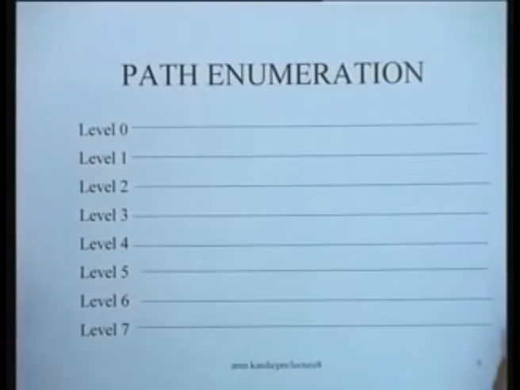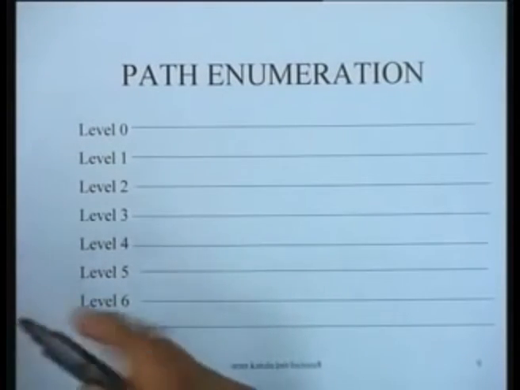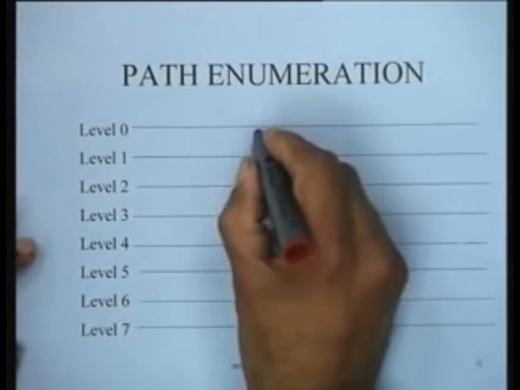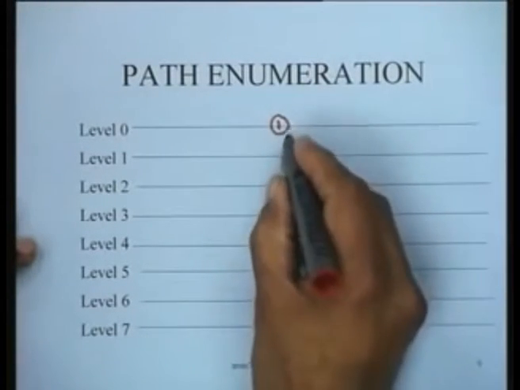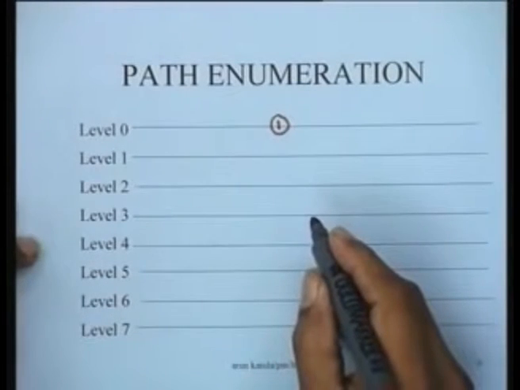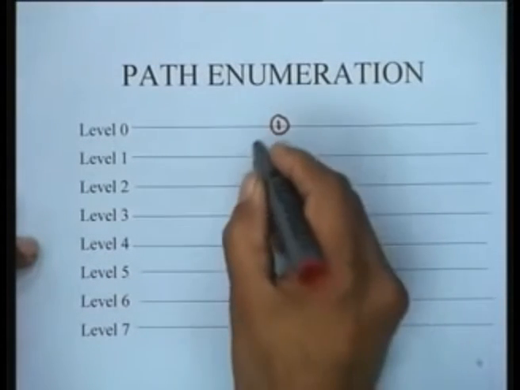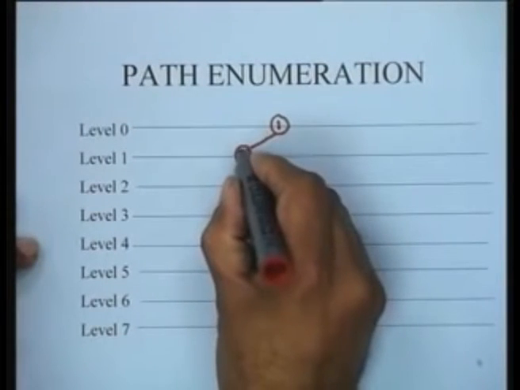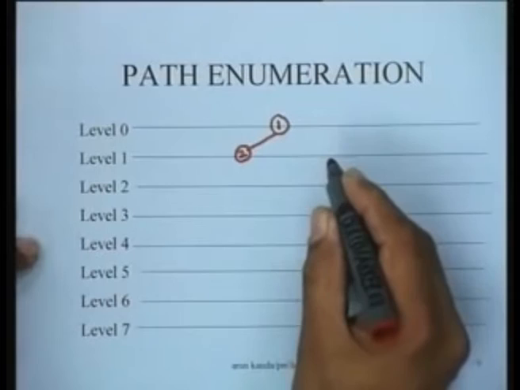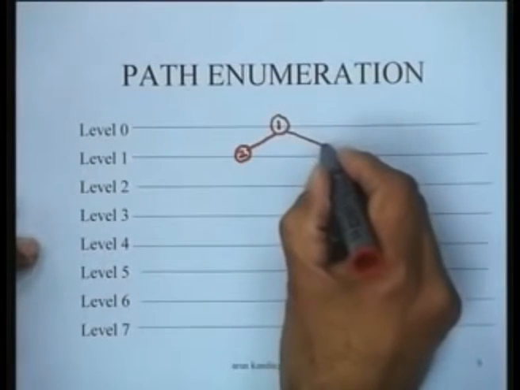Let us take the starting node of this network, which is node number 1. So, I begin with the starting node 1 here. From node 1 in the network, there is an arc which goes to node 2, or an arc which goes directly to node 3.